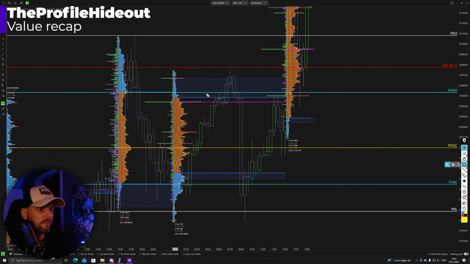Right, so key level here, the high volume node outside of value. So we got value of the overnight session. Inside of here, it would have been this one. Regardless, to the upside here, we break the value area high from that session.